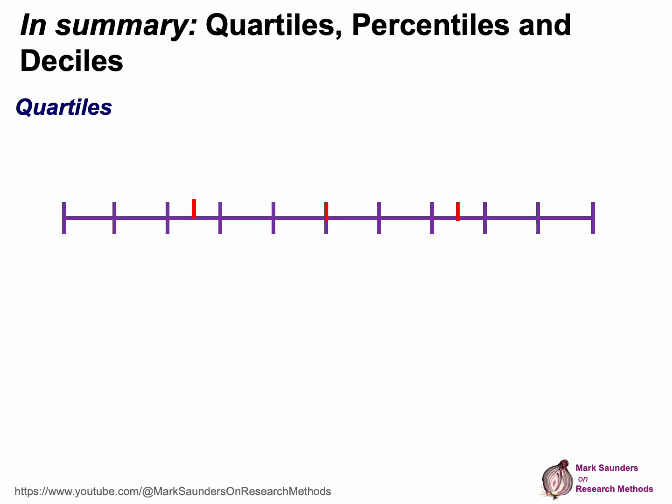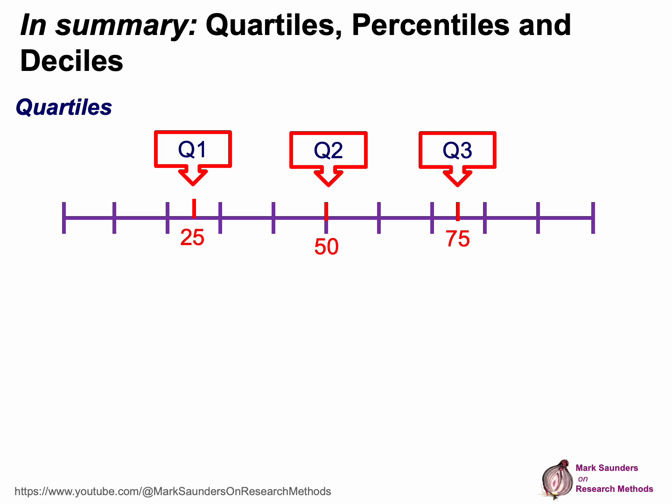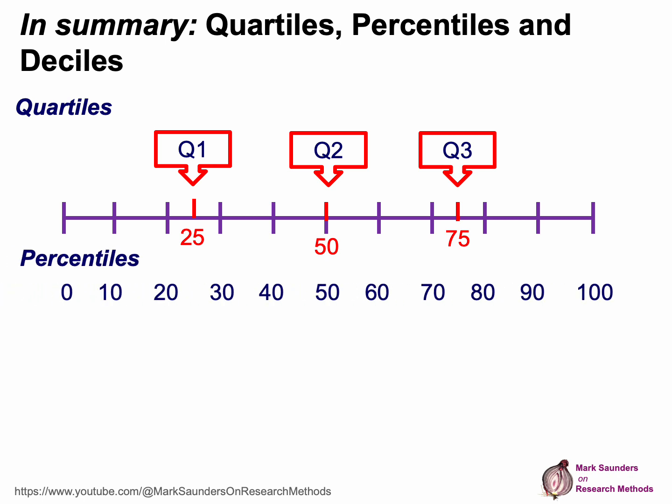In summary now, let's have a look at quartiles, deciles and percentiles. If we look at the values we have at the moment, our quartiles are shown by the red marks. And we have quartile 1 at the 25th percentile, quartile 2 at the 50th percentile, and quartile 3 at the 75th percentile. Our percentiles now divide our dataset into 100 separate parts.